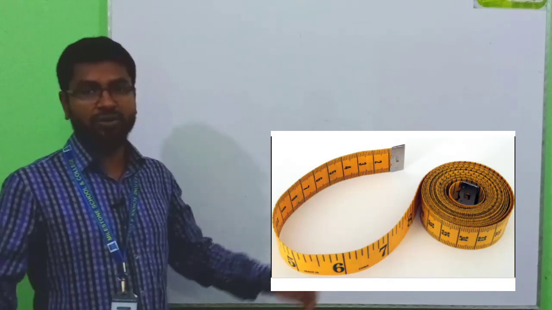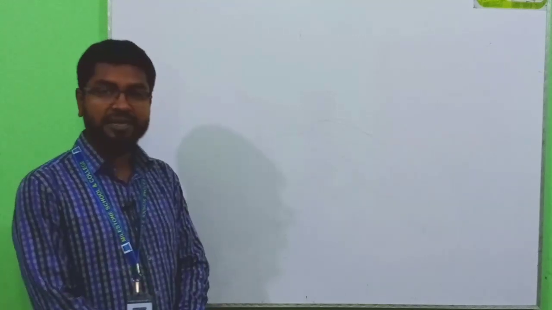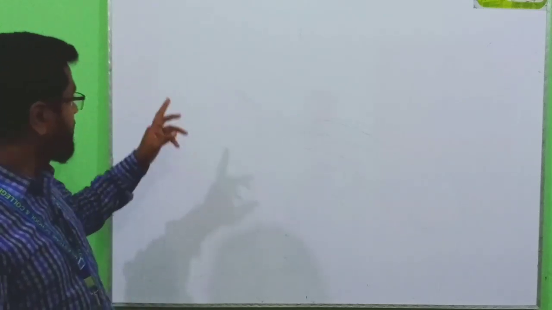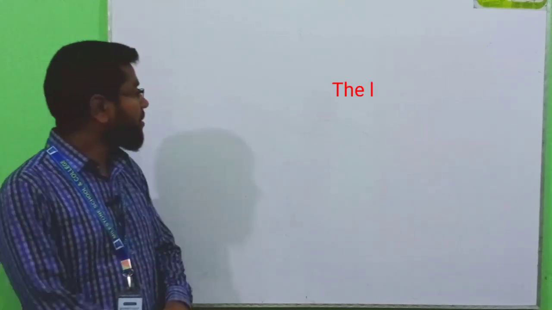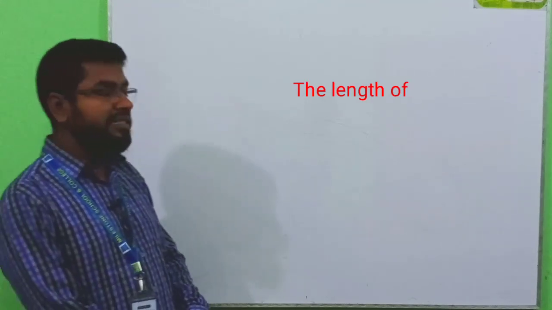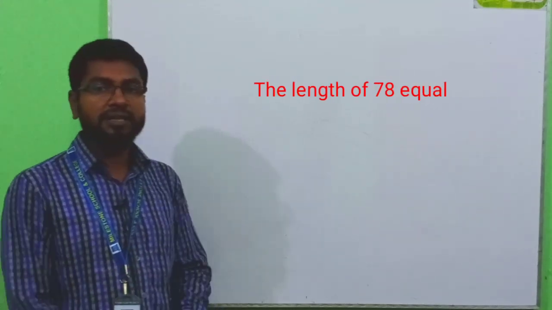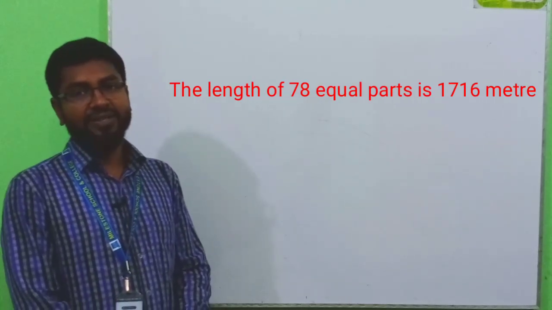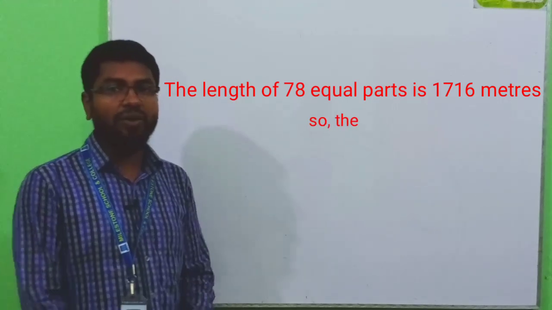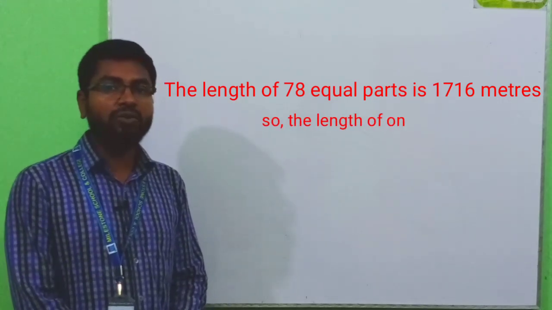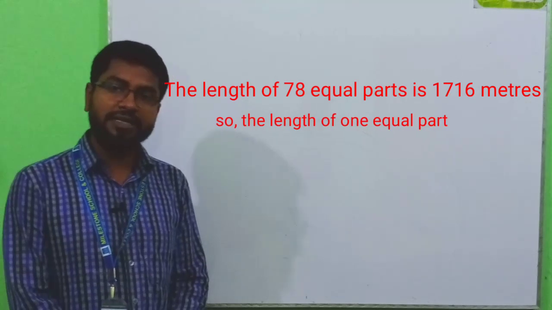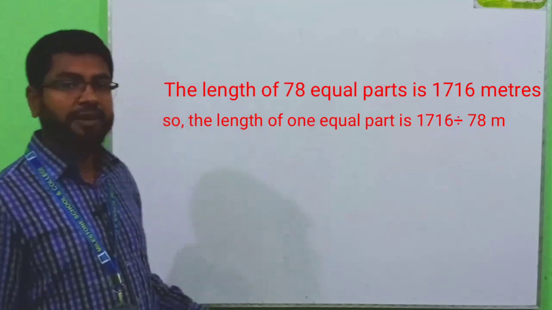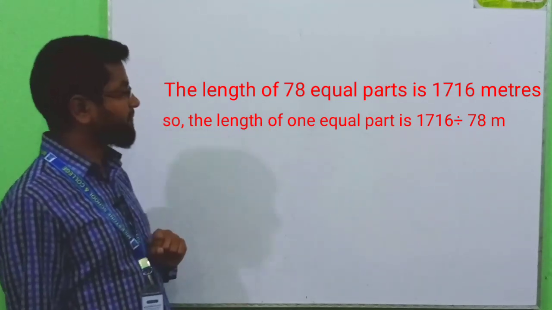We will do division, so make the sentence. How will we write the first line? Listen to me. Look, solution: the length of 78 equal parts is 1716 meters. So the length of one equal part is 1716 divided by 78.